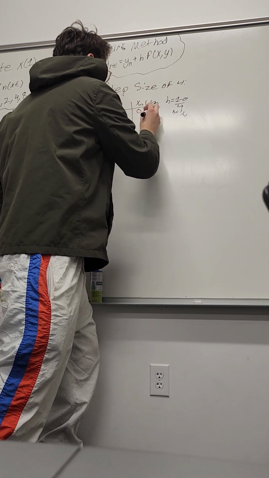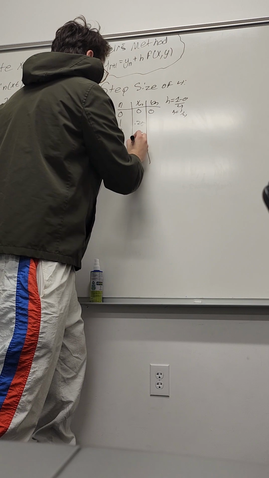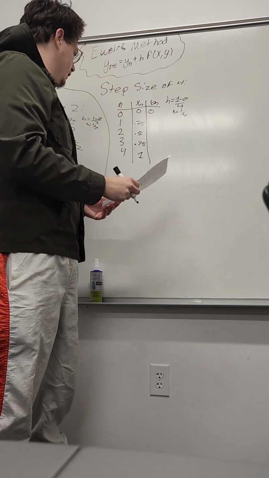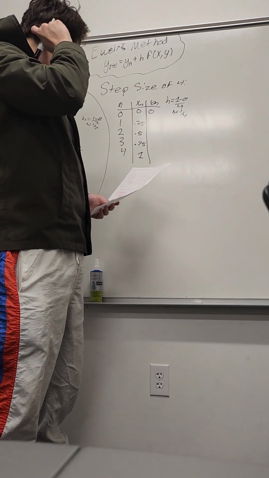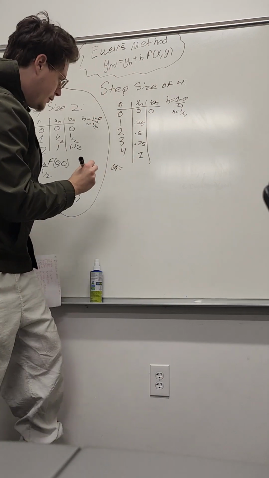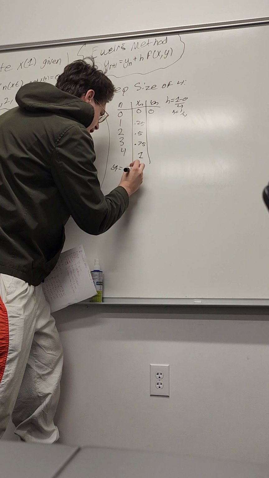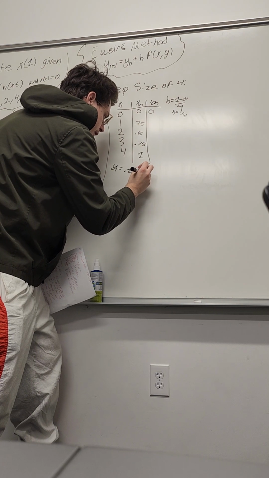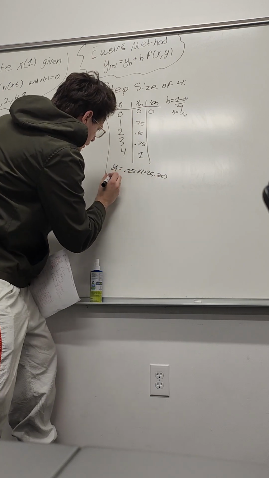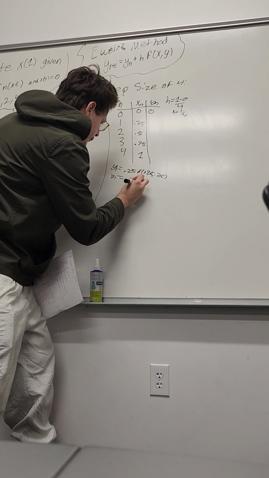I wrote this down in decimals. Alright, let's plug that in now. So y of 1 is equal to 0.25 times f at 0, 0, which is going to be, well, that's just 0.25.